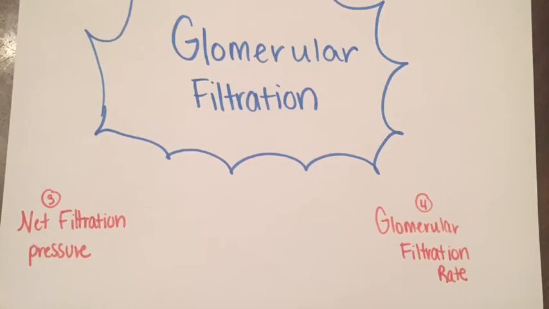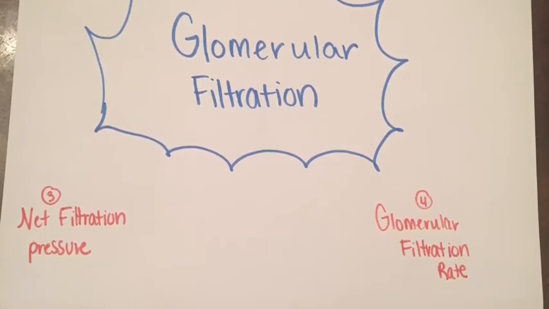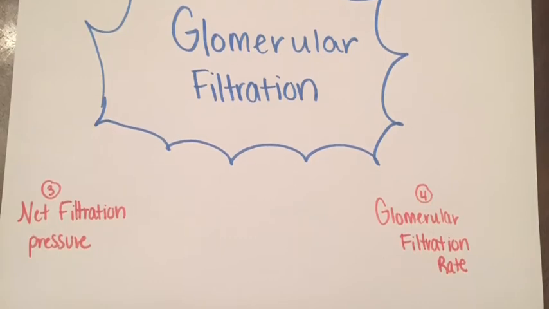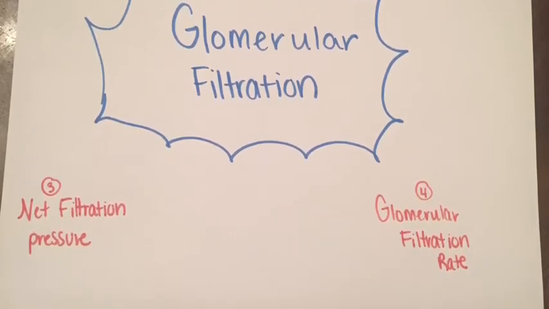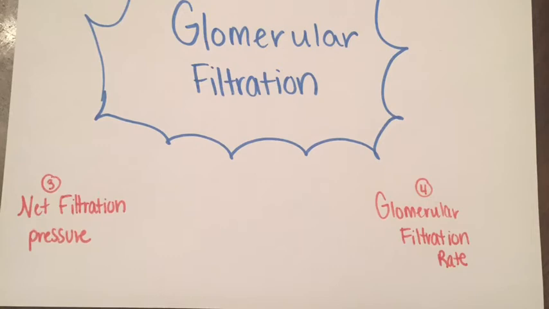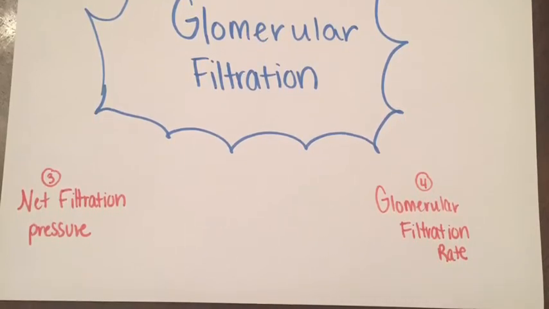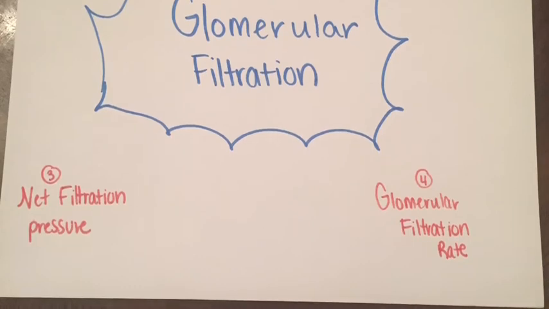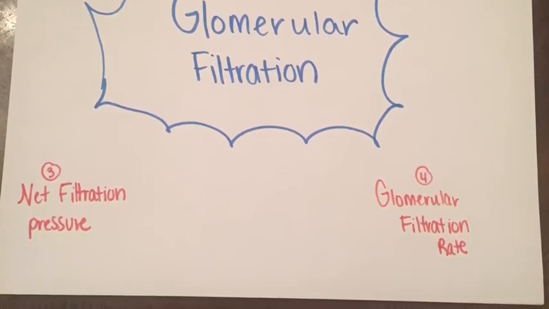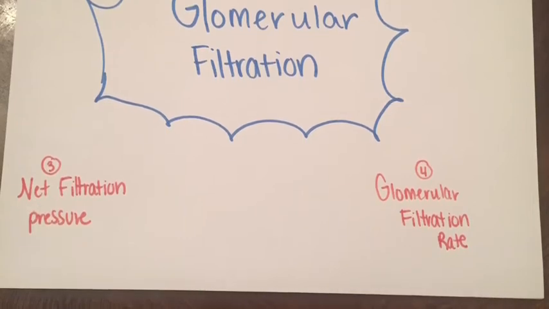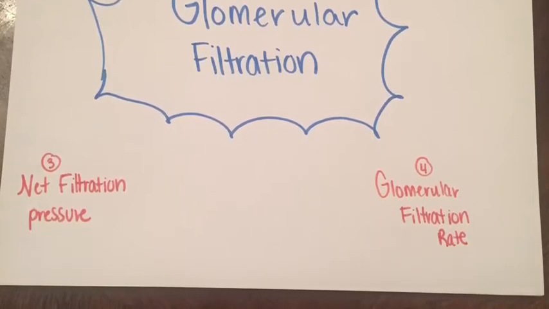Net filtration pressure. Glomerular hydrostatic pressure equals glomerular blood pressure. Forces opposing glomerular filtration are glomerular osmotic pressure, which brings filtrate back in, and capsular hydrostatic pressure, which is smaller and also brings filtrate back in.